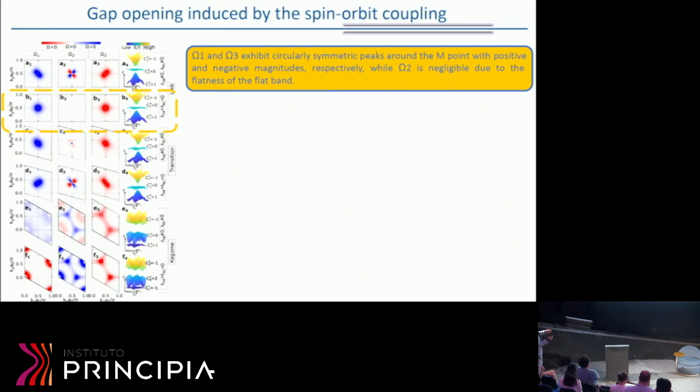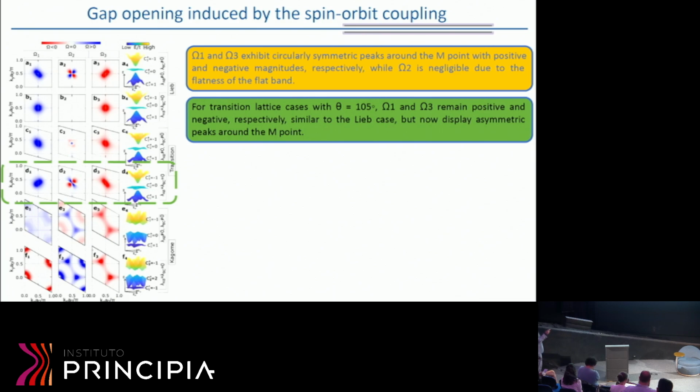First, I want to point out some interesting features. In the case where you just have second neighbor, which is what the literature most of the time discusses, your Berry curvature is symmetric, and the flat band for the Lieb case does not have any contribution to the Berry curvature. If you take the same spin-orbit coupling situation, but now for the transition, your Berry curvature is anisotropic, and moreover, you get a Berry dipole.